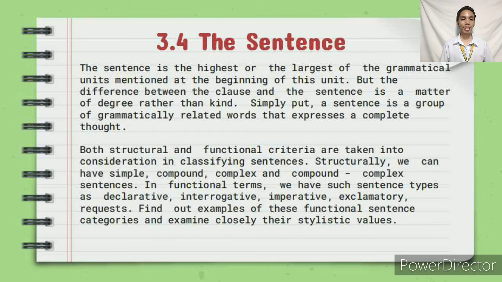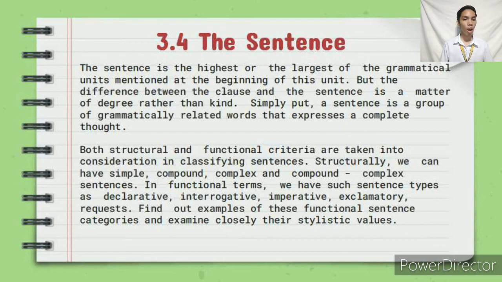Next, the sentence. Okay? The sentence is the highest or the largest of the grammatical units mentioned at the beginning of this unit. But the difference between the clause and the sentence is a matter of degree rather than kind. Simply put, a sentence is a group of grammatically related words that expresses a complete thought. Okay, again, expresses a complete thought. Both structural and functional criteria are taken into consideration in classifying sentences.